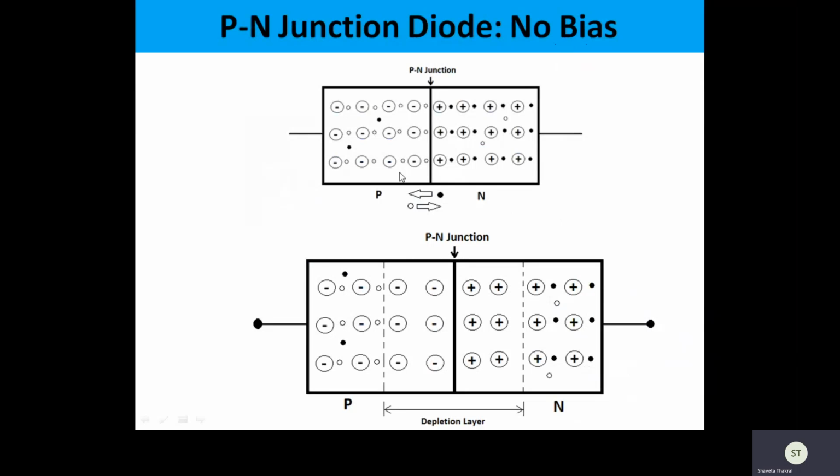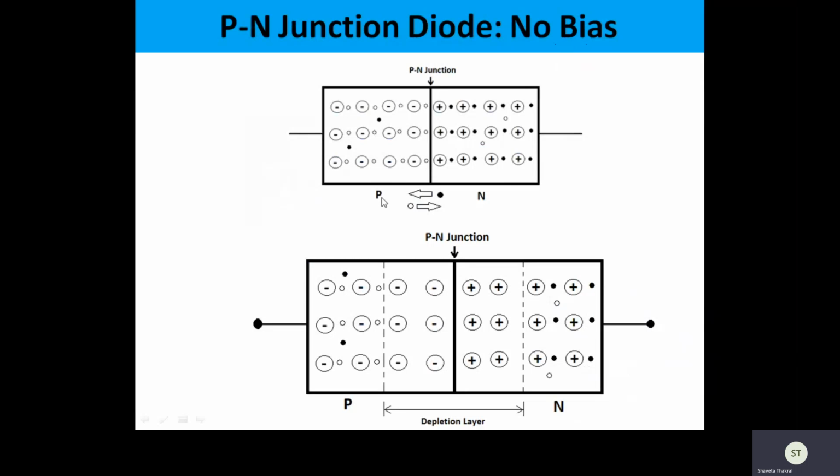As we have discussed, in the p-type extrinsic semiconductor, the majority charge carriers are holes and the minority charge carriers are electrons. And in the n-type extrinsic semiconductor material, the majority charge carriers are electrons and the minority charge carriers are holes.